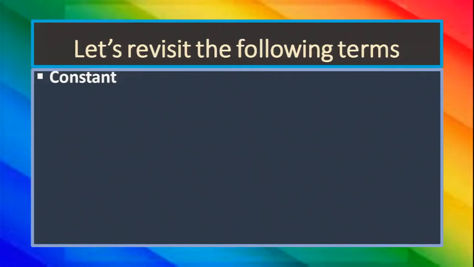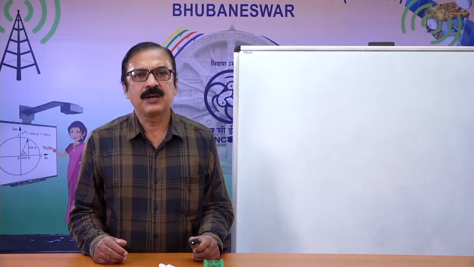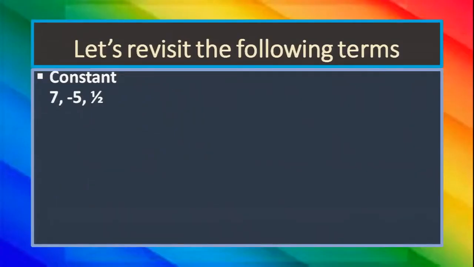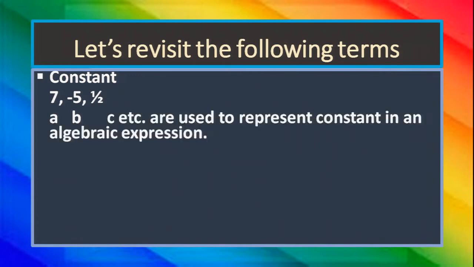What is constant? As we know, constant means the value will not change, such as 7, -5, 1/2. That means all the numbers as we use are usually constants. However, in algebraic expressions, we also use a, b, c. These are also used to represent a constant.